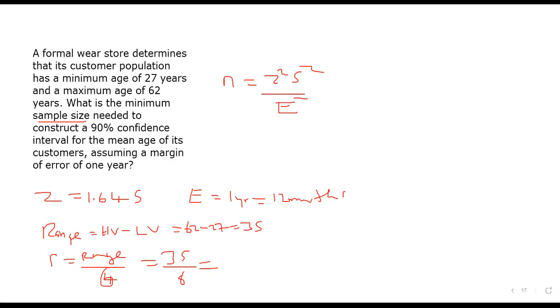Unless I'm wrong, but I remember he used 1. He used 1, yes.